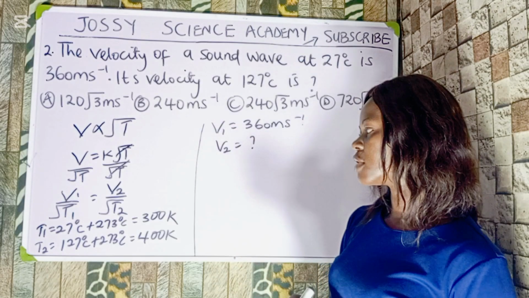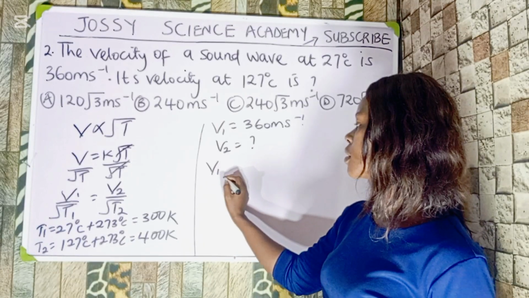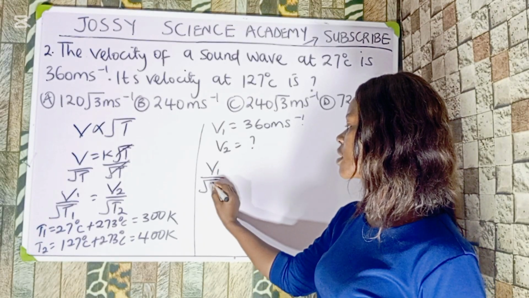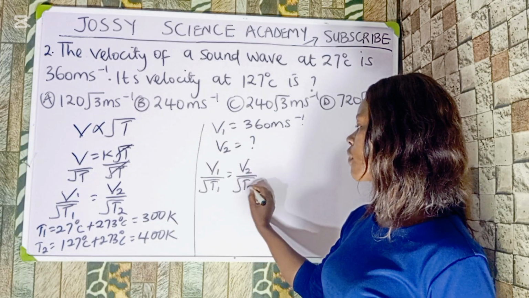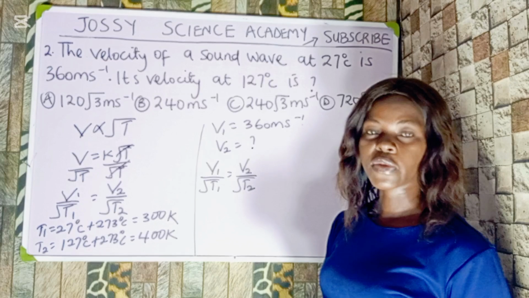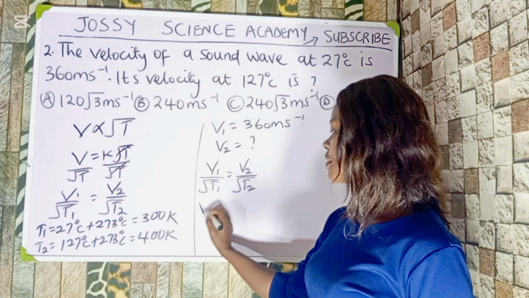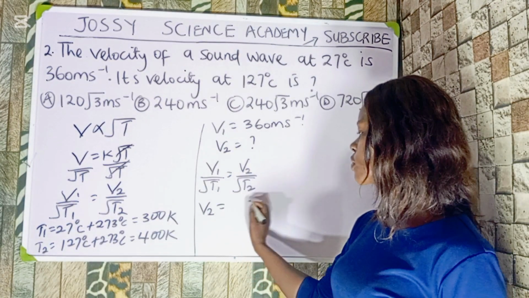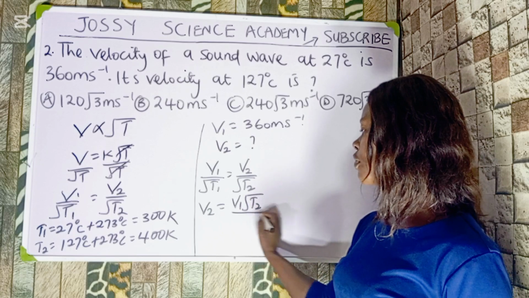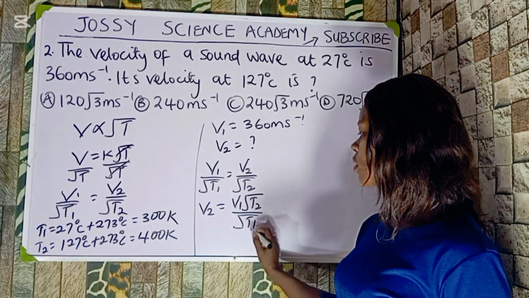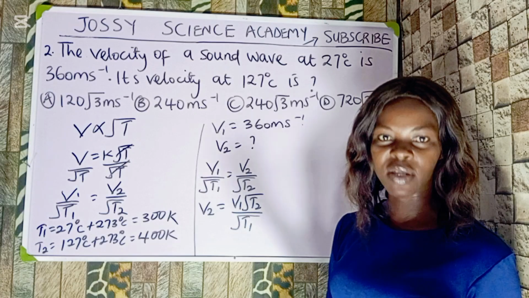Now using this formula, V1 over root of T1 is equal to V2 over root of T2. Because we're looking for the second velocity, V2 is equal to V1 root of T2 all over root of T1. So let's substitute into what we have to get our answer.